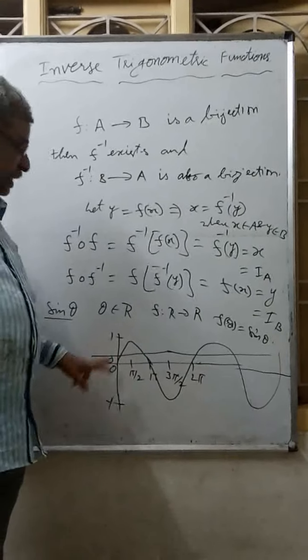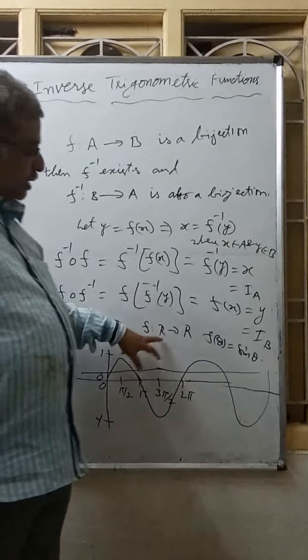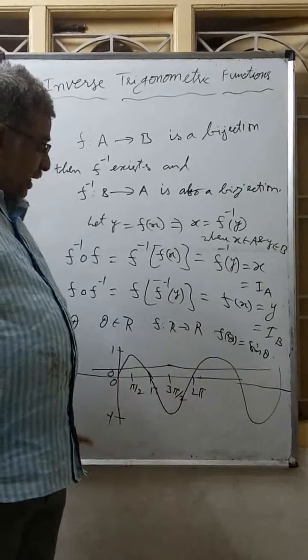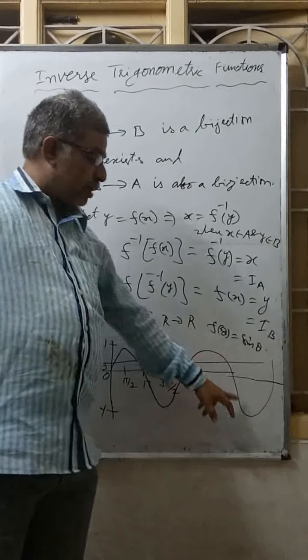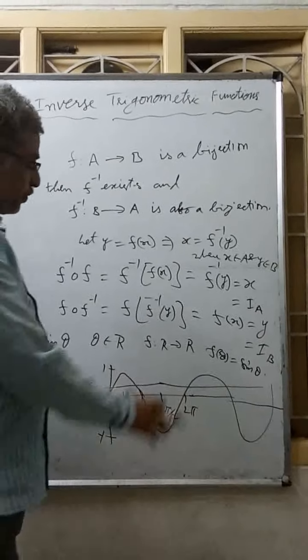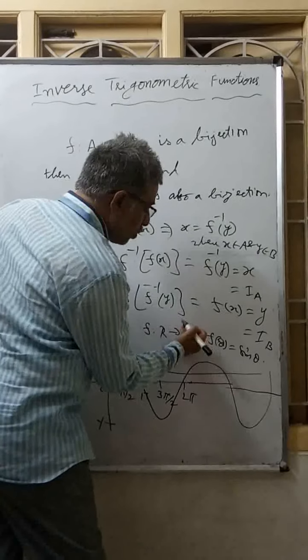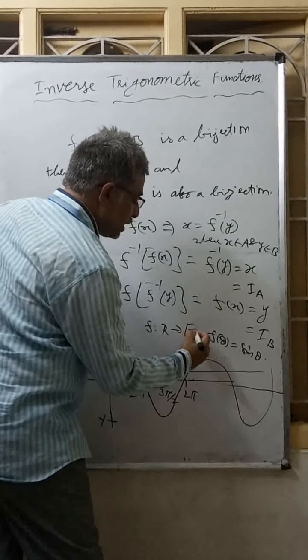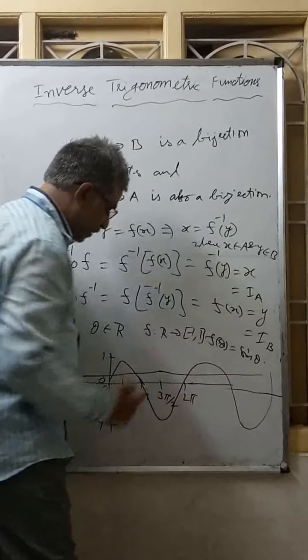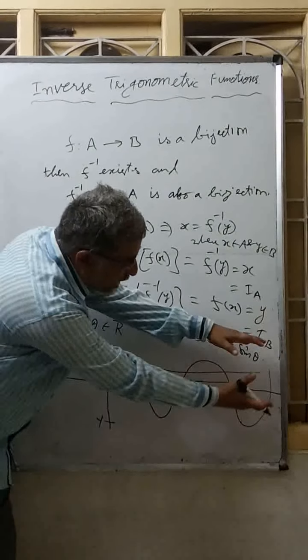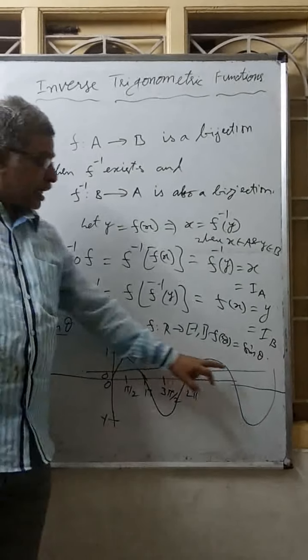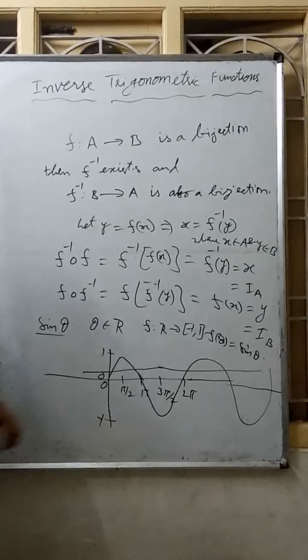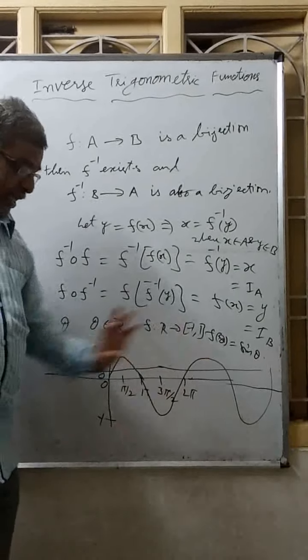So what I want to say is that sin theta in its original domain and codomain is not one-one, not onto. If I change the codomain so that it equals the range, that is -1 to 1, because sin always lies between -1 and +1, then it becomes onto but not one-one. So it is not invertible in its original domain.